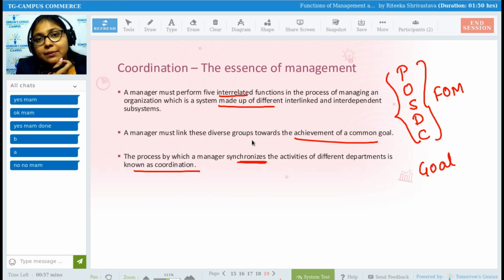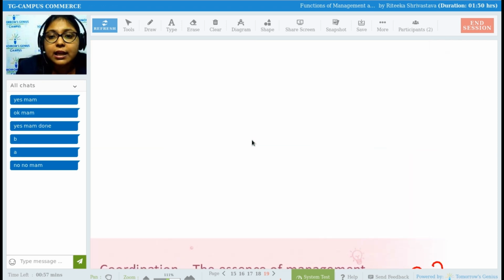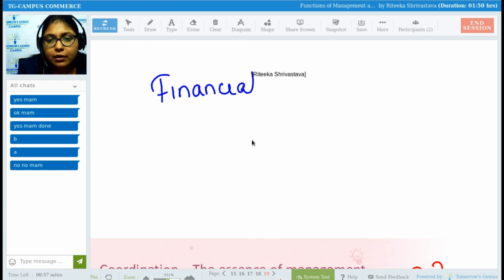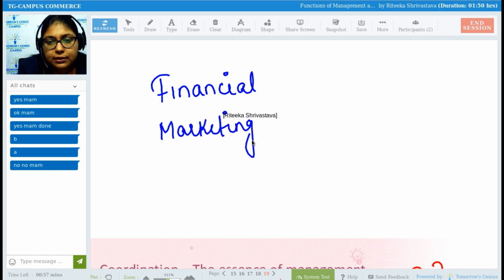Every department needs to be cordial and have a good relation. As we know, every organization has different departments. A few of them can be a finance department, a marketing department, the HR department, the human resource department which we discussed right now, and then we have the sales department.